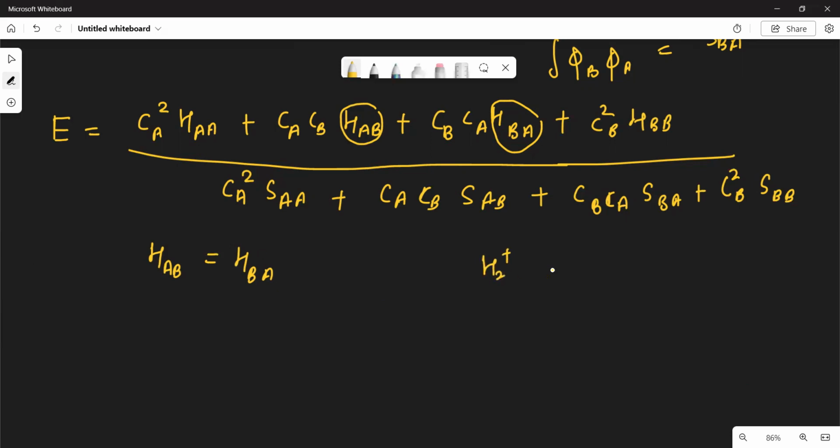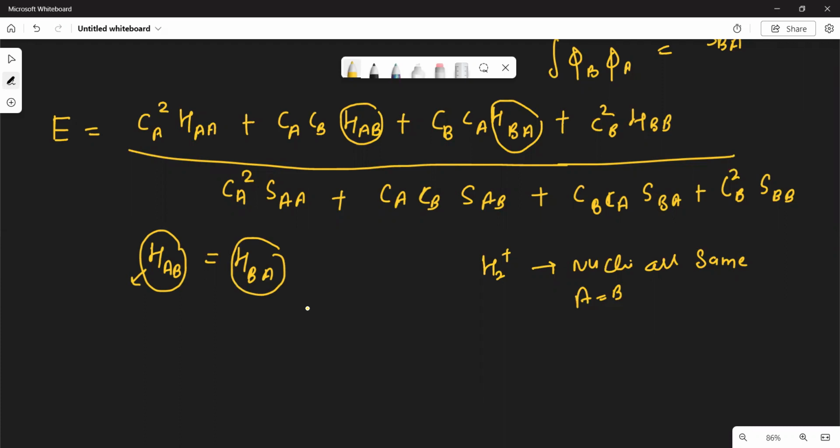Here the nuclei are the same, so nucleus A is equal to B, because both are hydrogen atoms. So the integral corresponding to this notation and the integral corresponding to this notation will be equal.